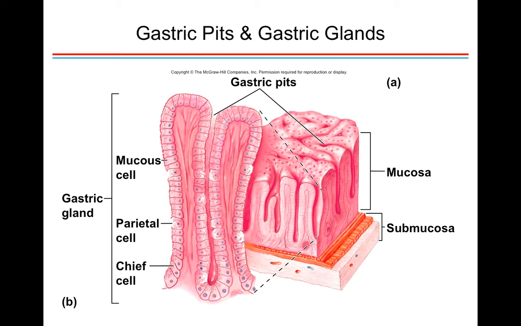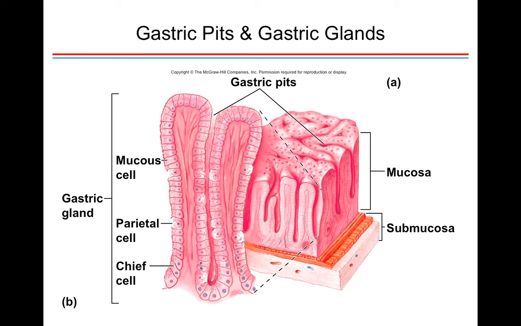The next notable cell to tell you about are the parietal cells. The parietal cells are the ones that secrete hydrochloric acid, and they also secrete intrinsic factor that helps the small intestine absorb vitamin B12. The next cell of interest are chief cells, and chief cells secrete pepsinogen, which is an inactive form of a protein digesting enzyme.